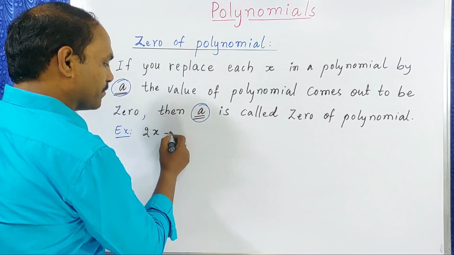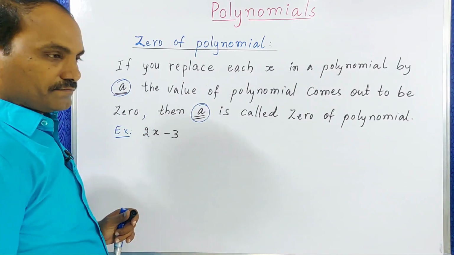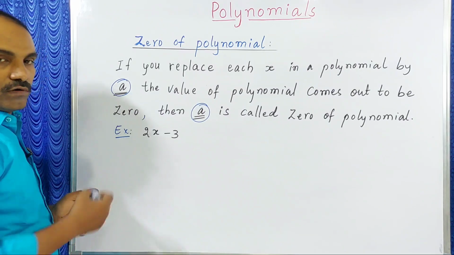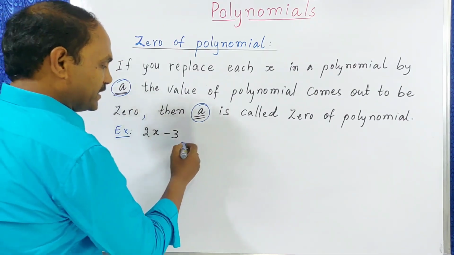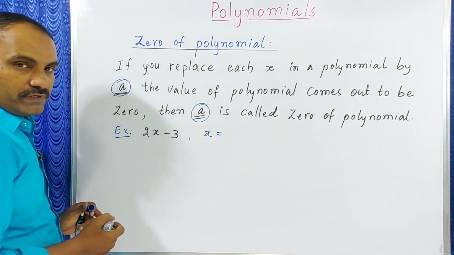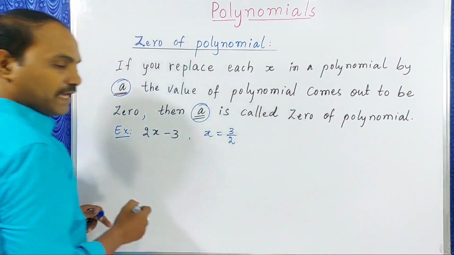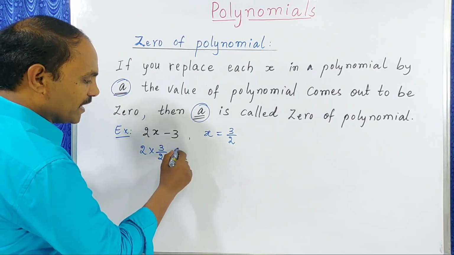2x minus 3 is there. What should we substitute in this to make it 0? If you substitute x as 3 by 2, then 2 into 3 by 2 minus 3.